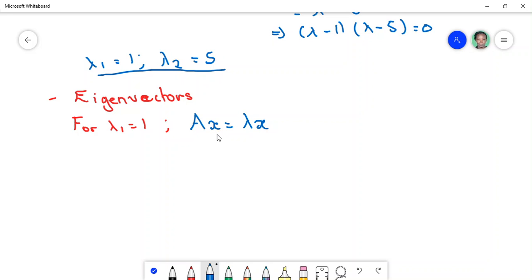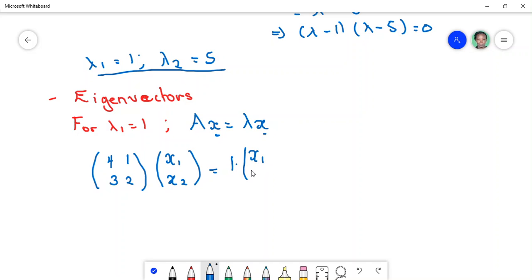We want to find the value of X, which is our eigenvector. So I have A, which is 4, 1, 3, 2, times my eigenvector X1, X2, equal to my lambda, which is 1, times my X1, X2.